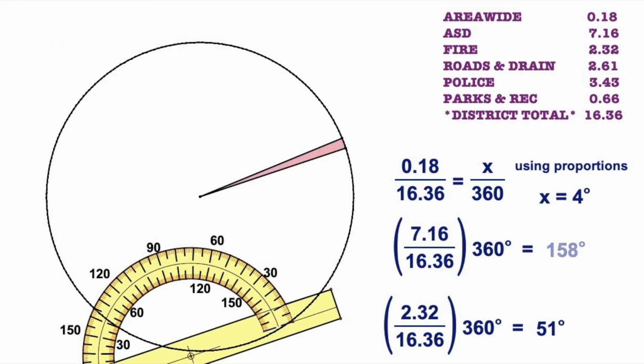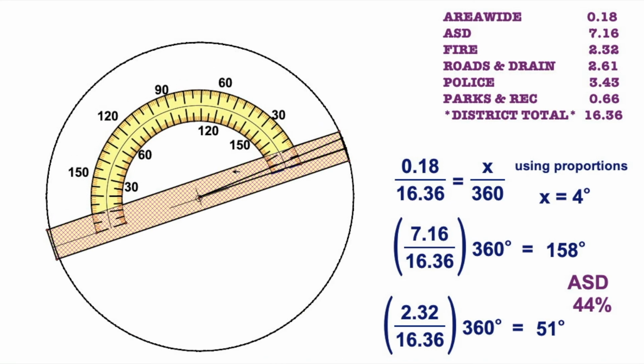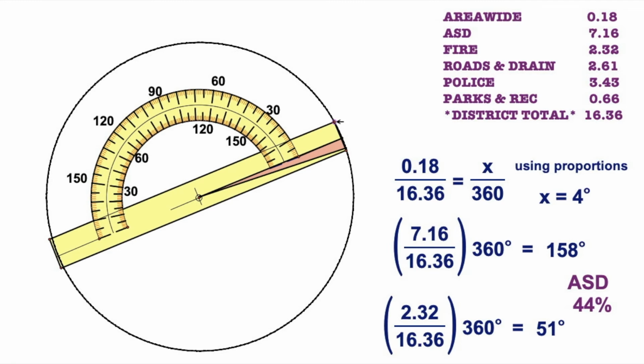So the Anchorage School District is 44%. But 158 degrees, that's a lot of degrees. Now you're going to put the protractor on there and rotate it. Now you have to see where that is. 150 is way out there. Make sure you're reading the correct side. This particular protractor ascends counterclockwise on the outside. I can say 155 is here, and then tick, tick, tick, 1, 2, 3.